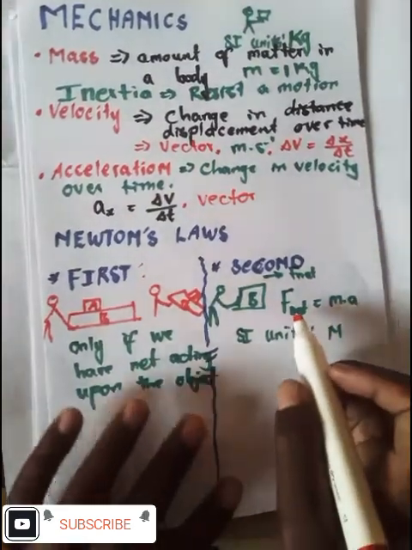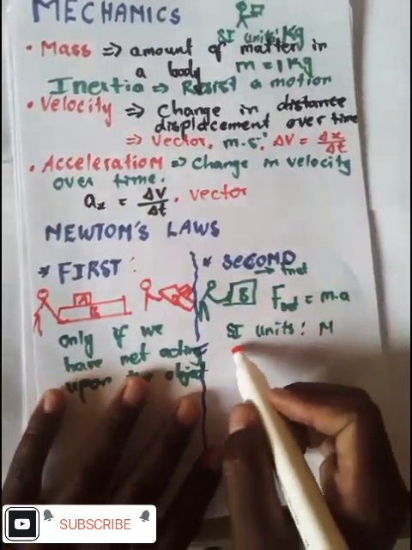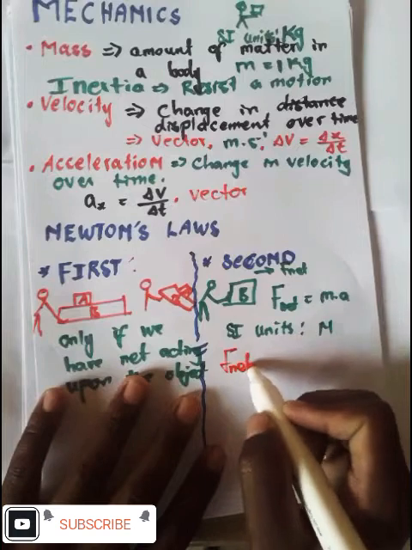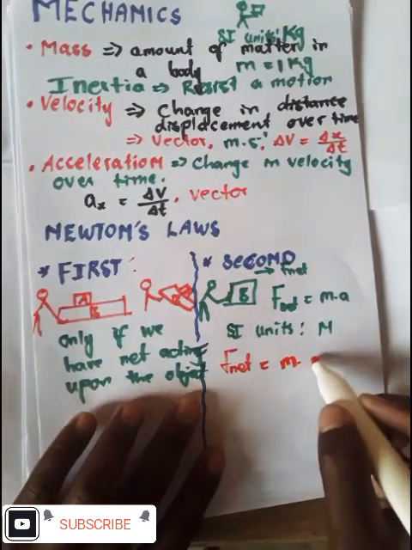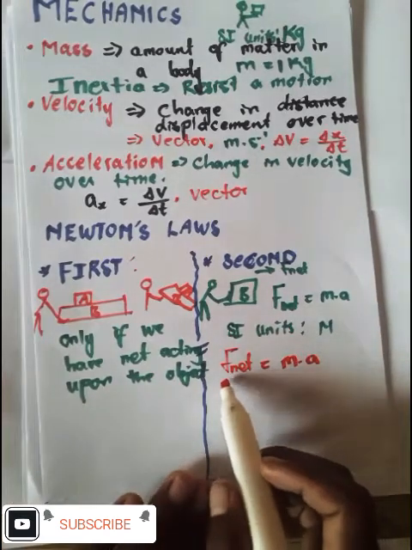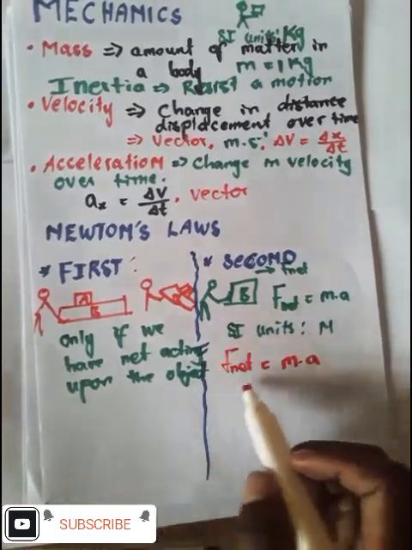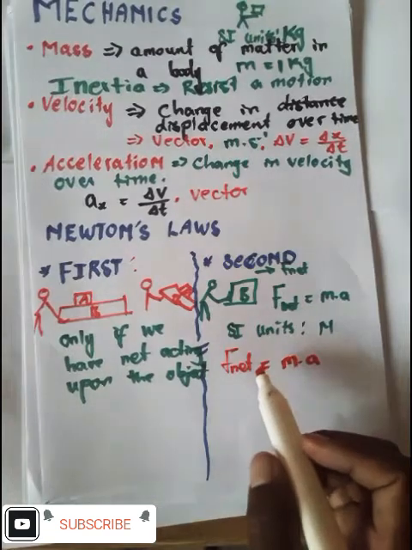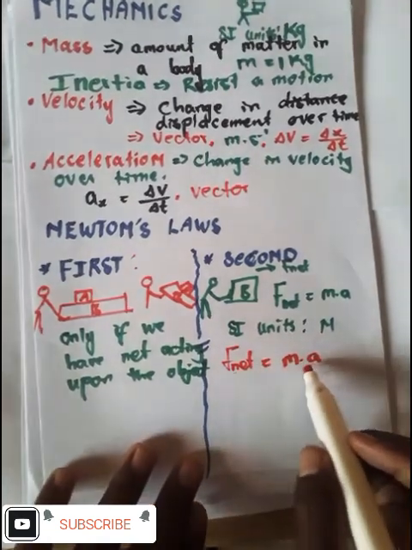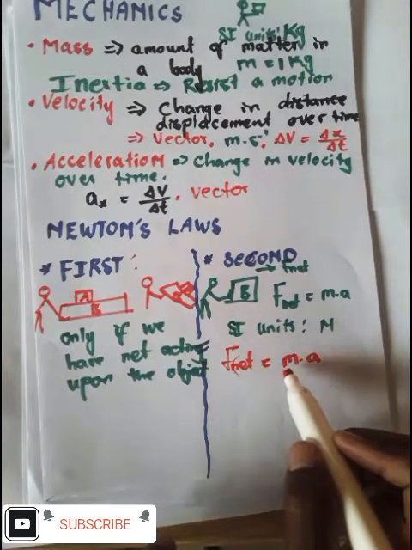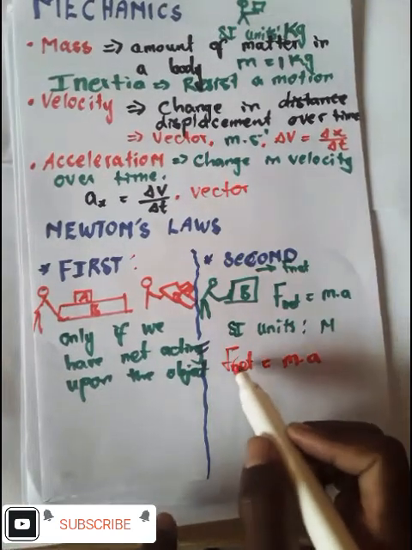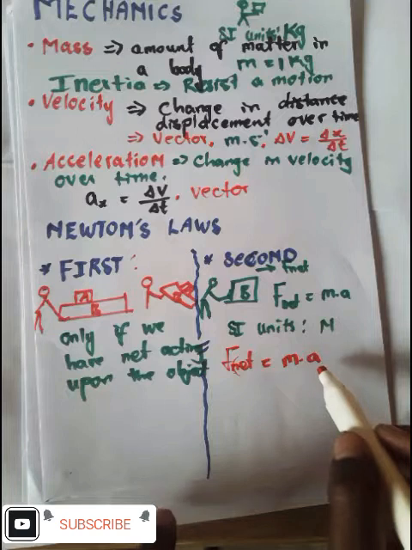In physics or maths, when we say things are directly proportional, they're related in a linear form by an equal sign. Here we have F net equals m times a.